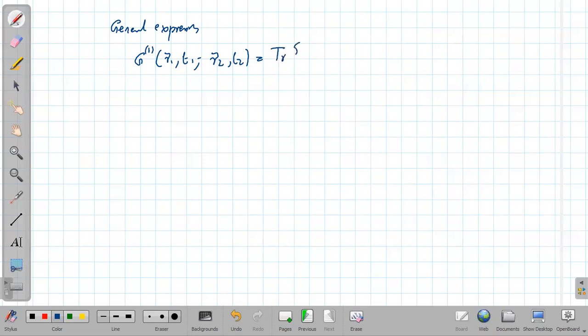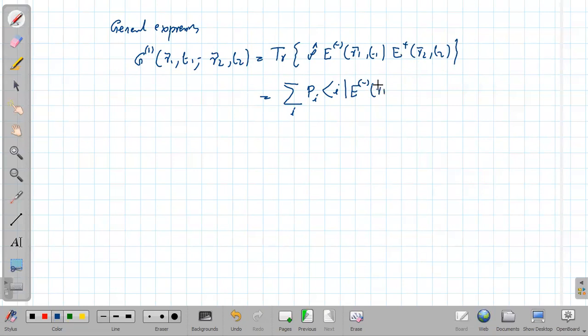This would be the trace of rho, E minus (r1,t1), E plus (r2,t2), or the sum over i, p_i, the inner product <i|E minus (r1,t1) E plus (r2,t2)|i>.